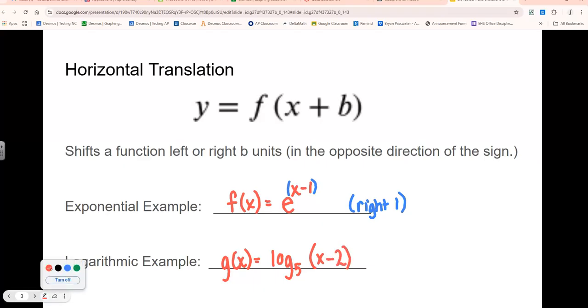Okay, who can tell me what that would do to the graph? Like I've got log base 5 of x. What would it do, Fernando? It would go to the right how many? 2. Okay. Questions there? Same rules as before. Looks a little different because we're doing different types of equations.